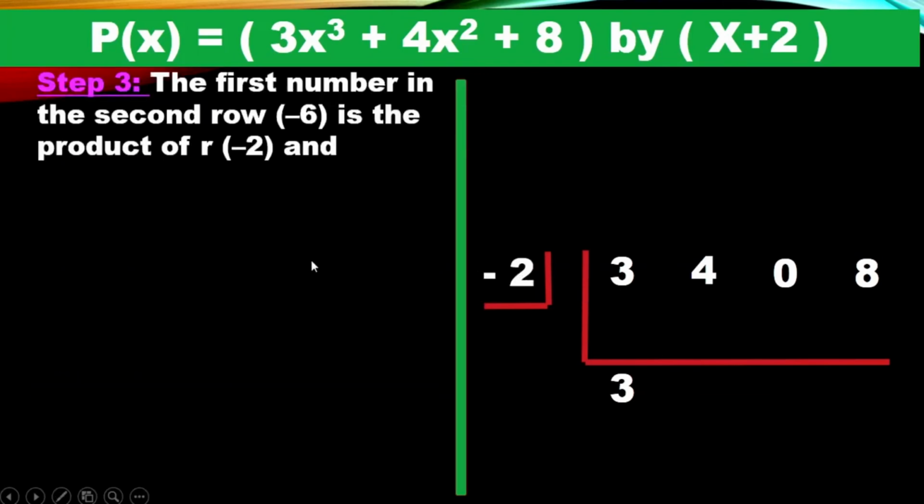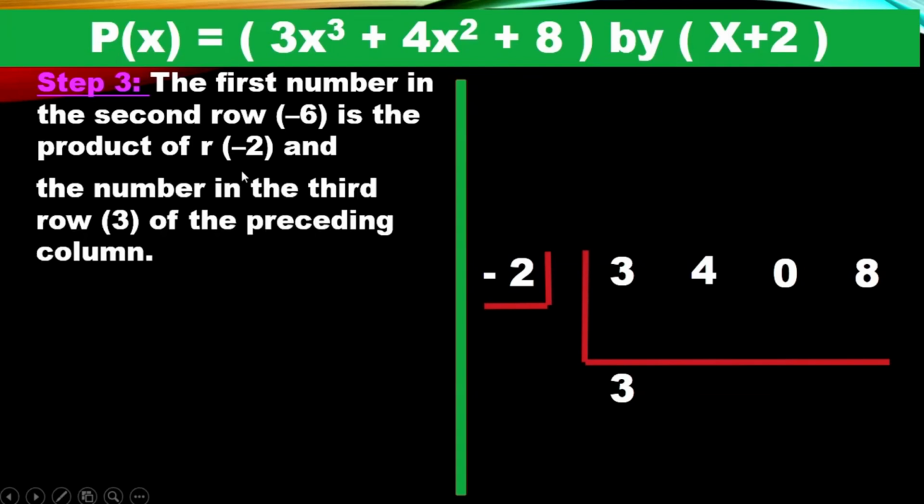Next, let's proceed to step number 3. So, the first number in the second row, which is negative 6, is the product of r, which is negative 2, and the number in the third row, 3, of the preceding column. So, we have to bring down 3, or rewrite 3 in the third row, then multiply by negative 2. 3 times negative 2 equals negative 6.